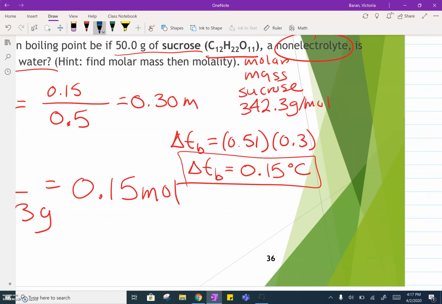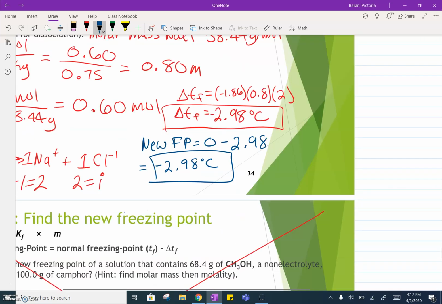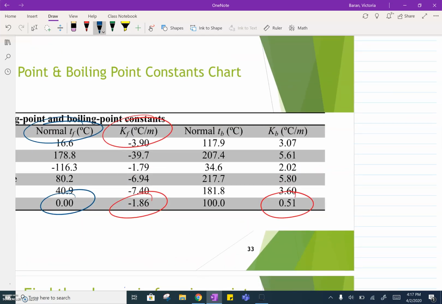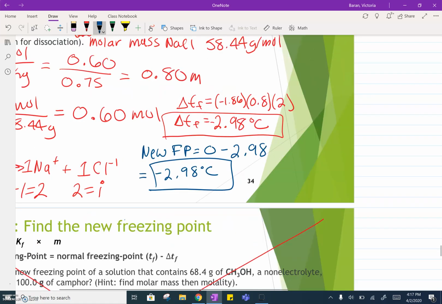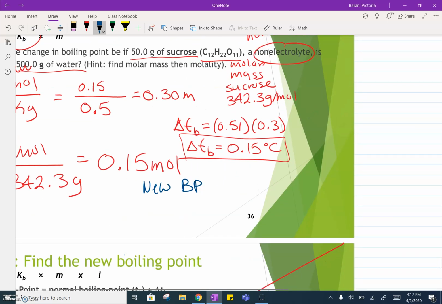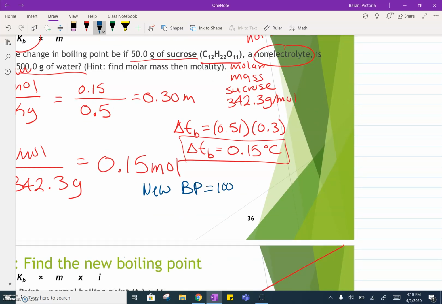So now to find the new boiling point, we have to take the normal boiling point of water, which if you look at this chart here, is 100 degrees Celsius. That's what water boils at. Plus the change in our boiling point, which was 0.15.